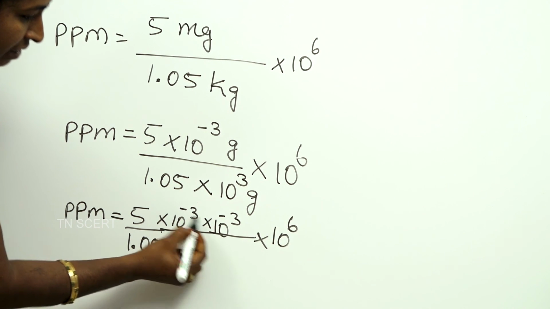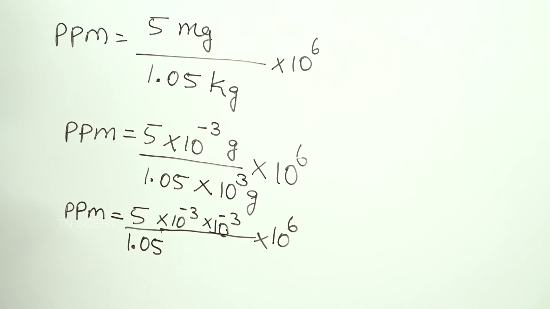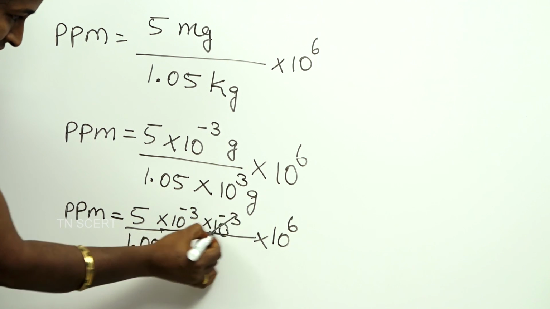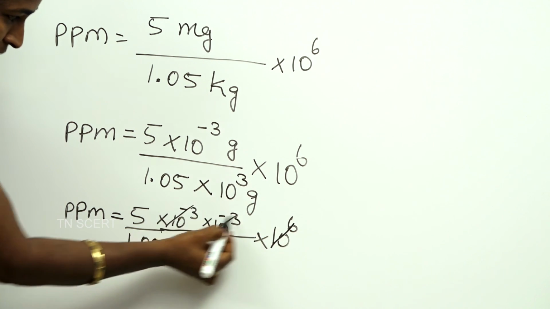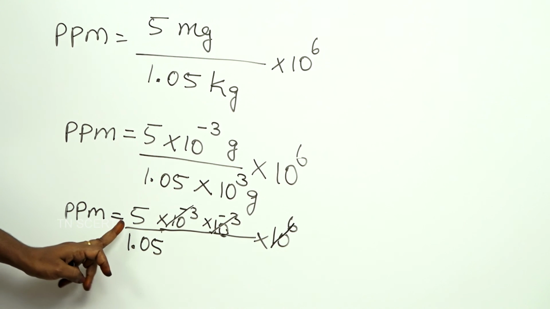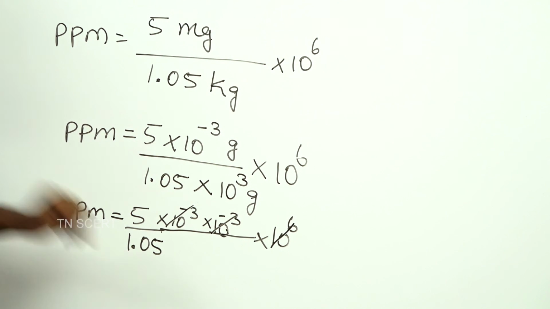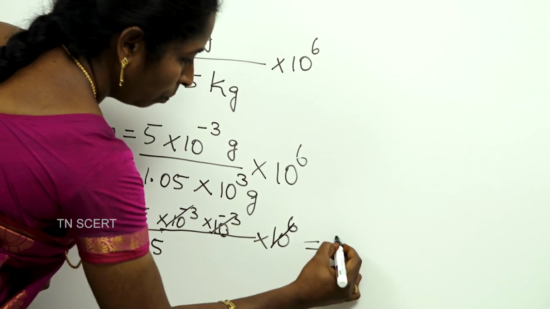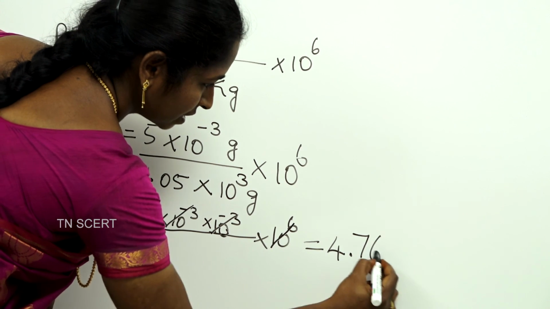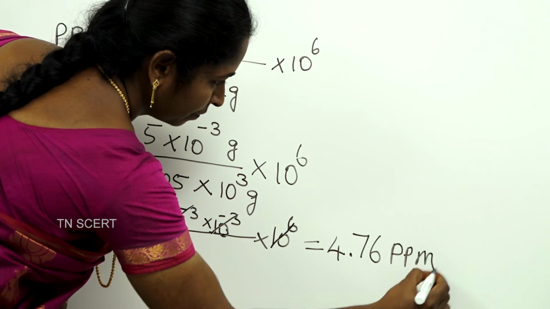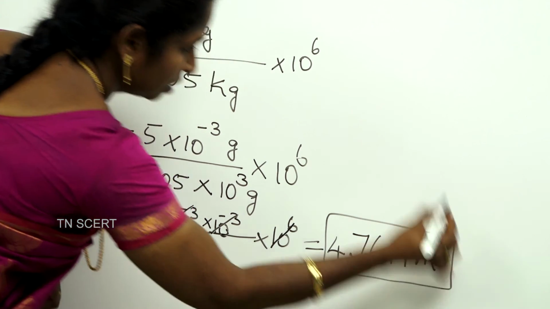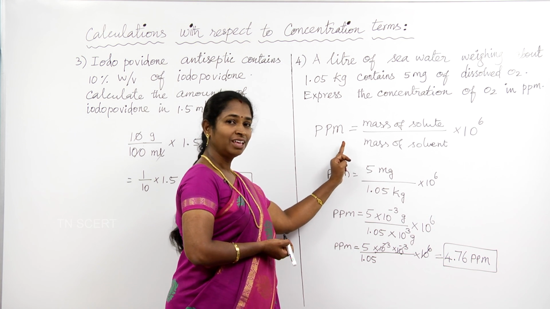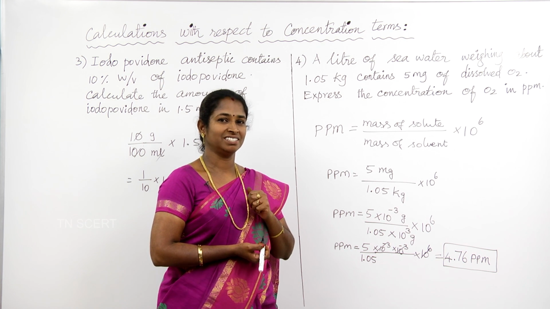So, 10 power minus 3 into 10 power minus 3 will become 10 power minus 6. We have 10 power plus 6 here. So, we can cancel this 10 power plus 6 against this 10 power minus 6. So, now the answer is 5 divided by 1.05, which will be equal to 4.76 ppm. So, this is the answer for this problem. By knowing the simple formulas like this, you can calculate the concentration of solutions in any unit.